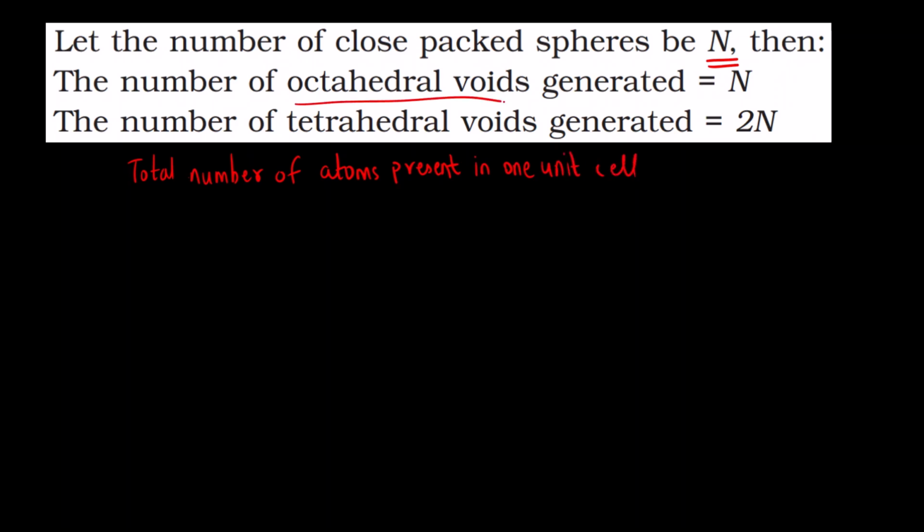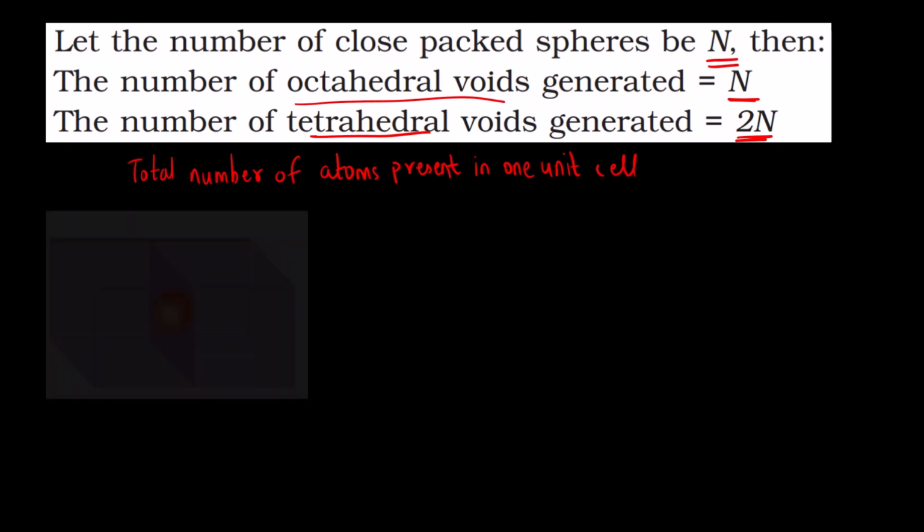Octahedral voids generated is equal to n, and tetrahedral voids is equal to 2 into the total number of atoms n. So now we have to first calculate n, the total atoms present in an FCC cubic cell.